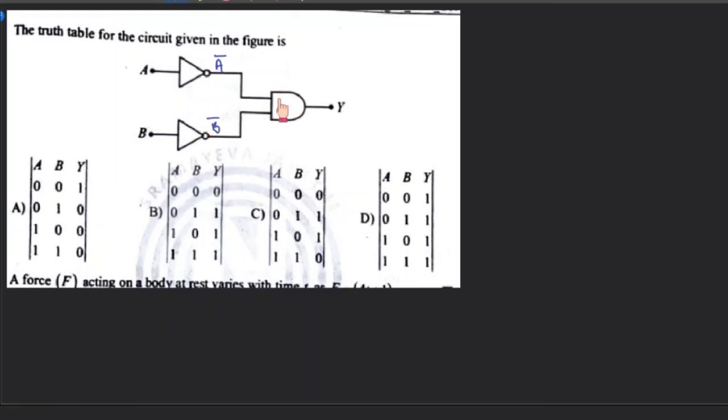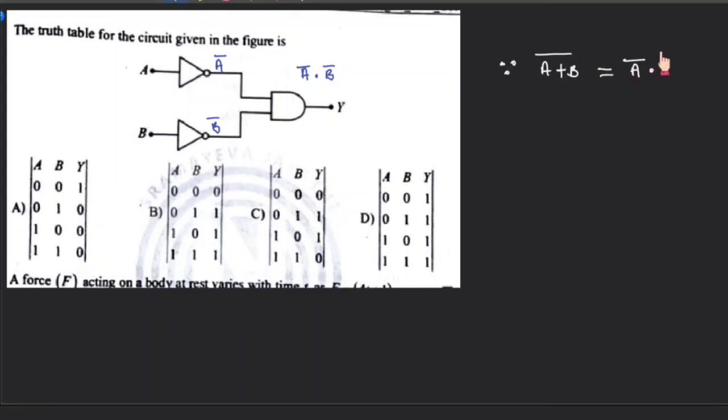What that AND gate will do is multiply the inputs. So if this multiplies the input, that will be equal to A bar dot B bar, right? According to De Morgan's theorem, A plus B whole bar can be written as A bar dot B bar.